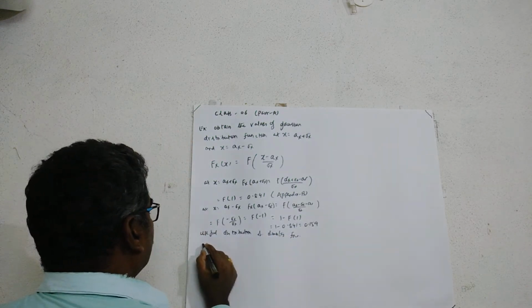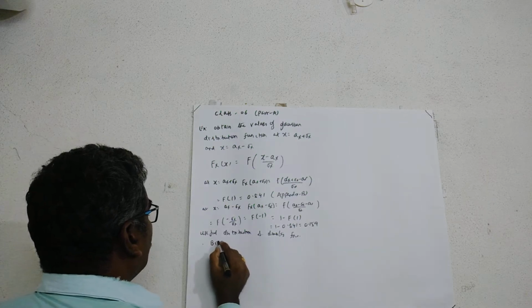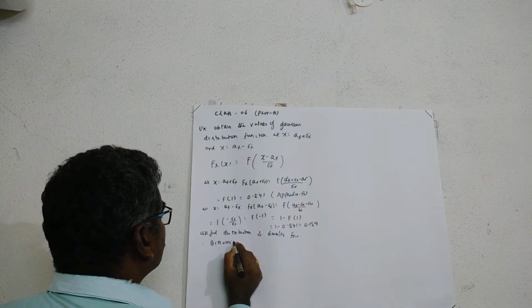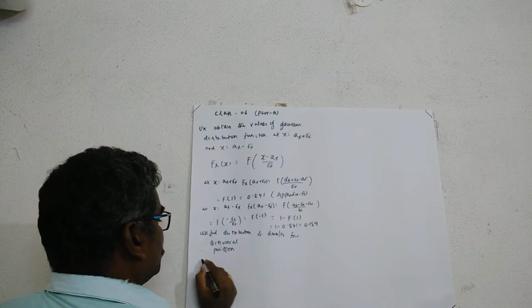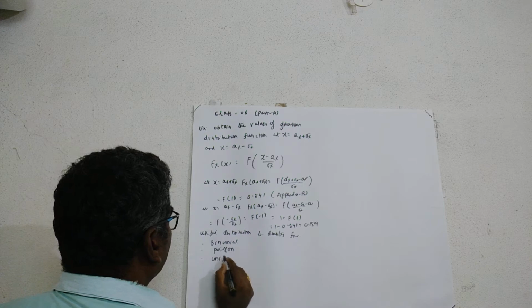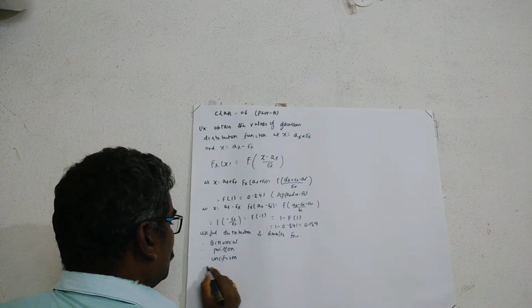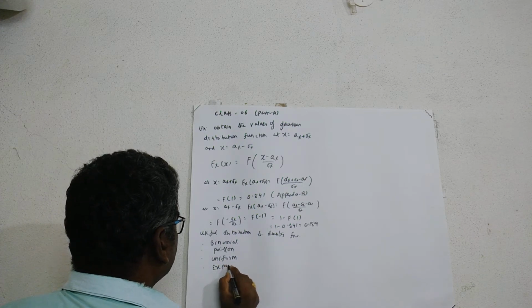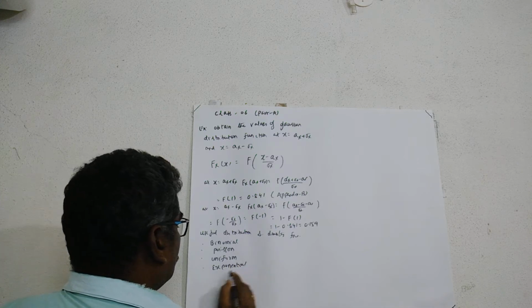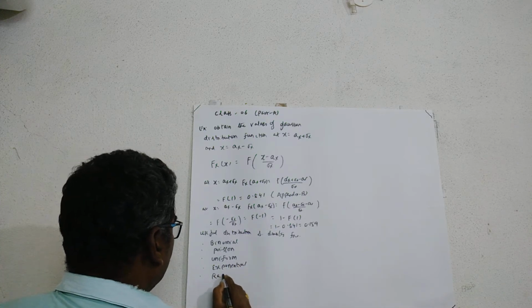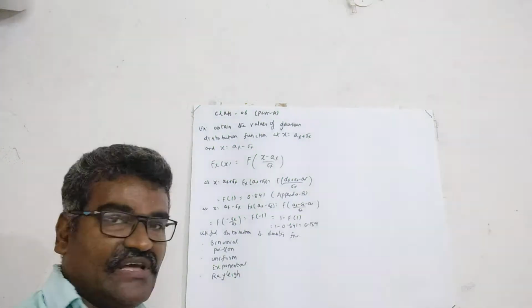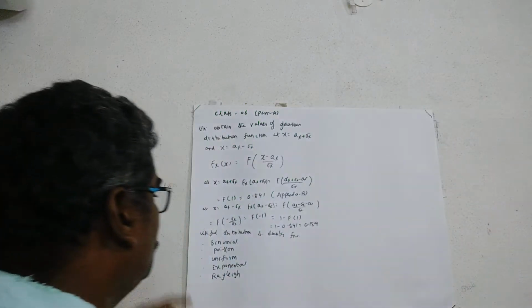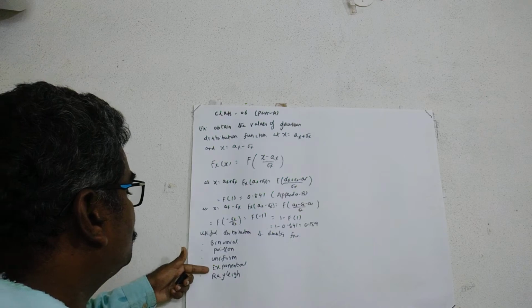First one is binomial, second one Poisson, third one uniform, fourth one exponential, fifth one Rayleigh. Here we have 5 different forms of distribution and density functions: binomial, Poisson, uniform, exponential, Rayleigh.